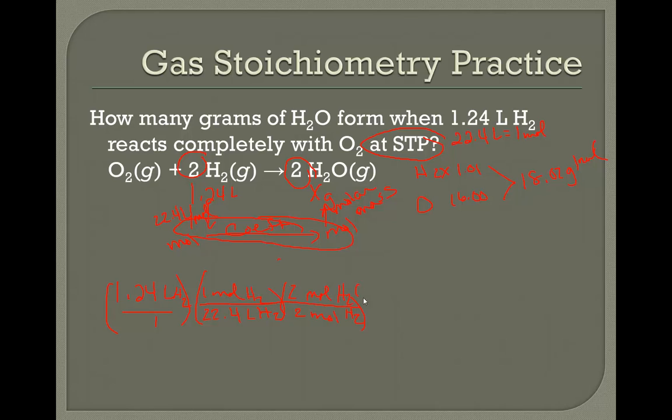And we can go from moles to grams using the molar mass. So for every 1 mole of H2O, there's 18.02 grams. So it's 1.24 divided by 22.4 times 2 divided by 2 times 18.02, and that brings us to 0.998 grams H2O. We're going to have one more practice of these.